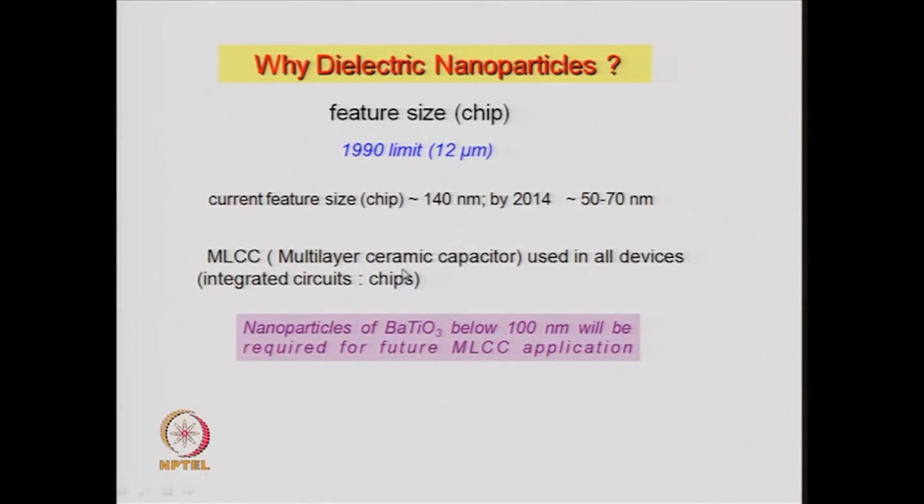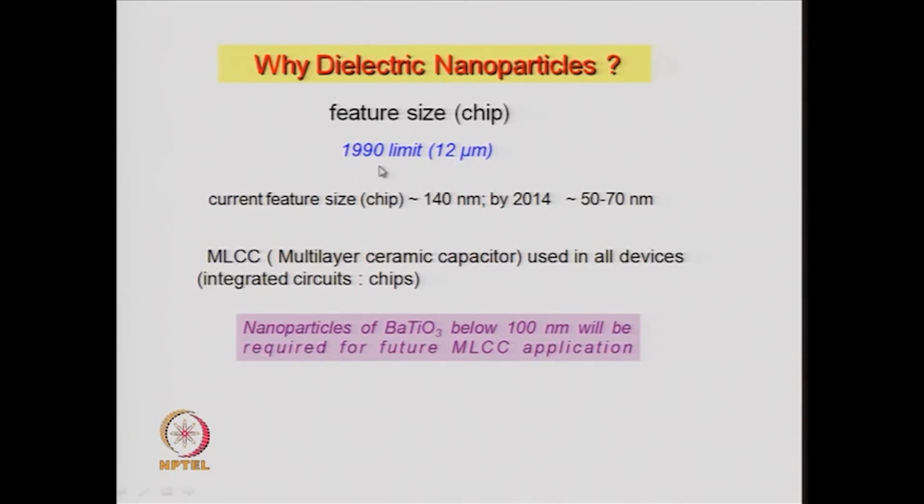So, this barium titanate acts as a capacitor and is involved in the fabrication of the chip or is applied in devices. Now, the size of this chip, or the feature size as we say, was about 12 micron in 1990.